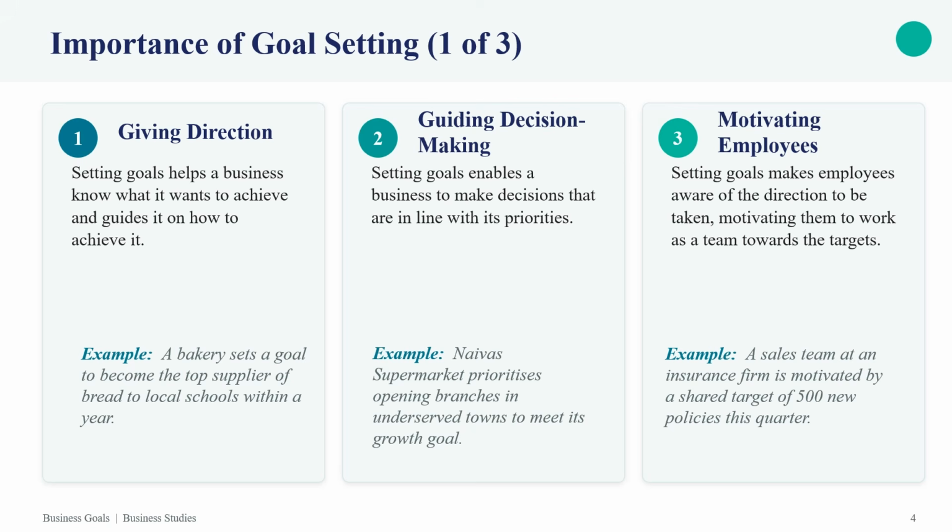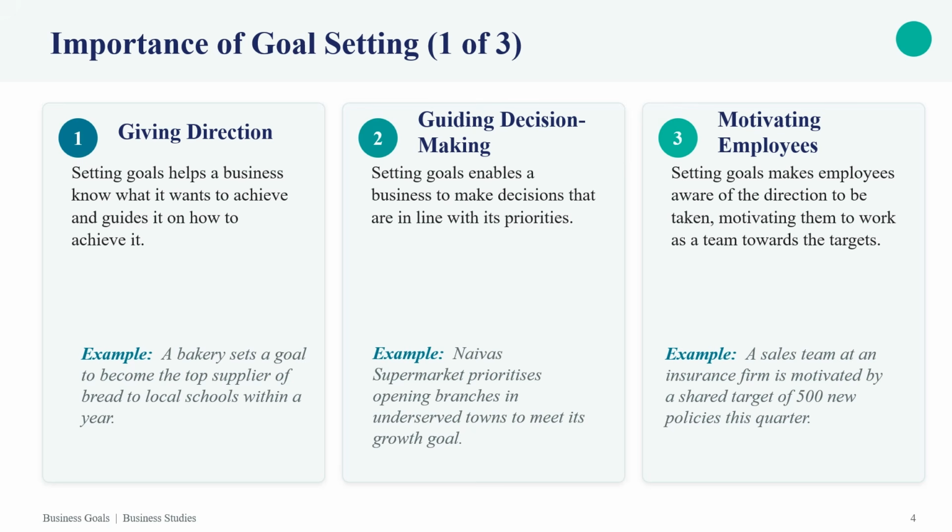A good example again is when Naivas supermarket prioritizes opening branches in underserved towns to meet its growth goal. It wants to open up branches, especially in towns that are very rural, so that it can meet its growth goal. The third importance is to motivate employees. Goal setting motivates the employees.